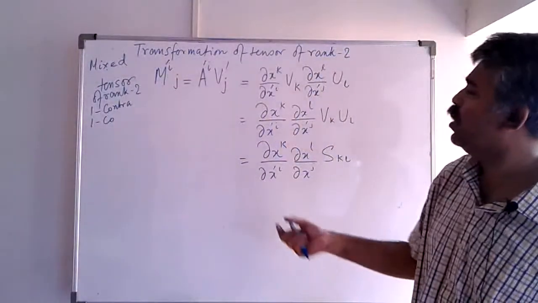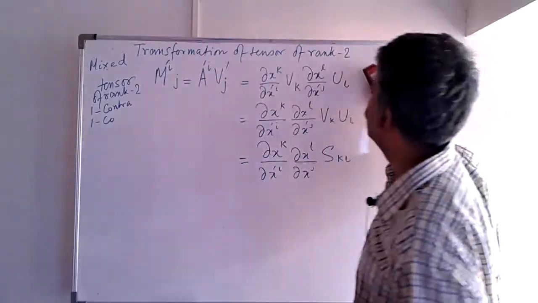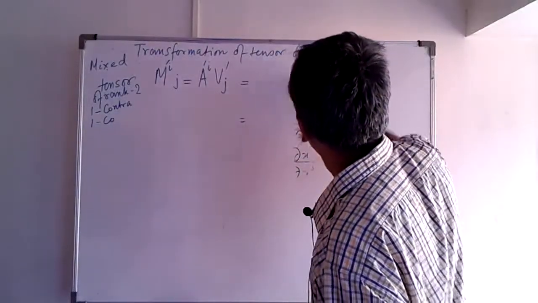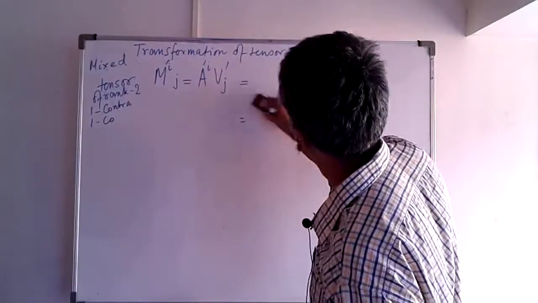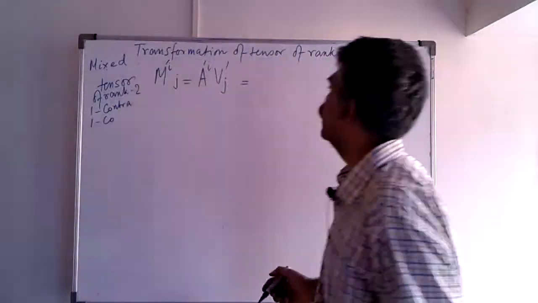I can take a mixed tensor as a product of two vectors. I think you have known dyadics, something like that.